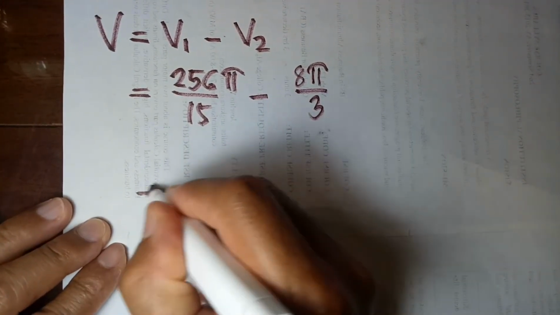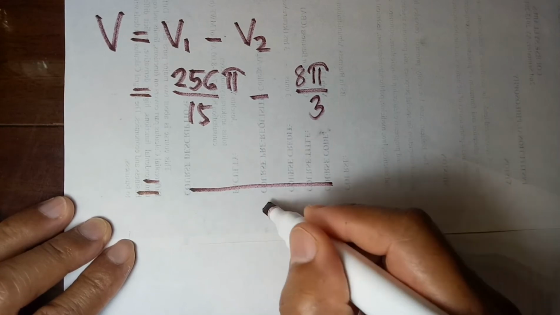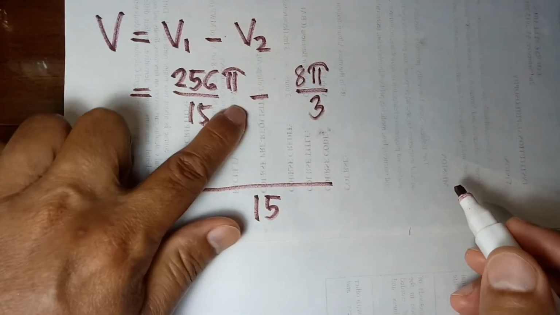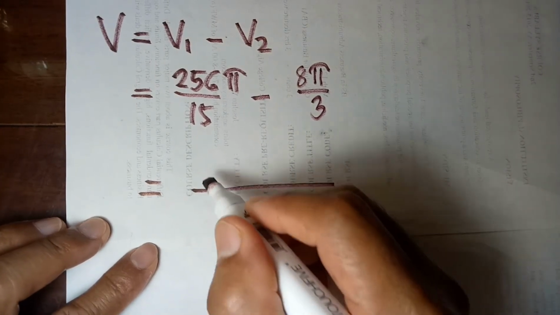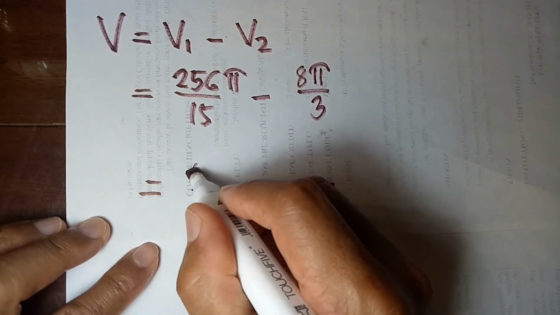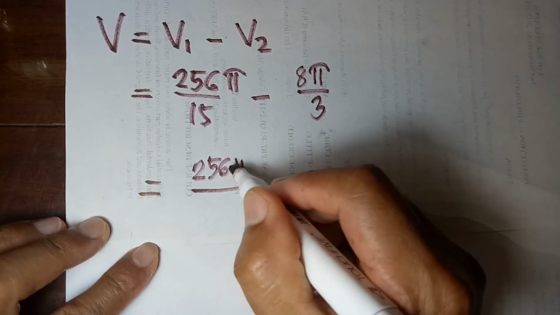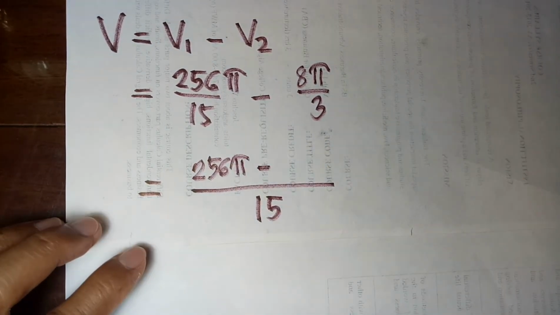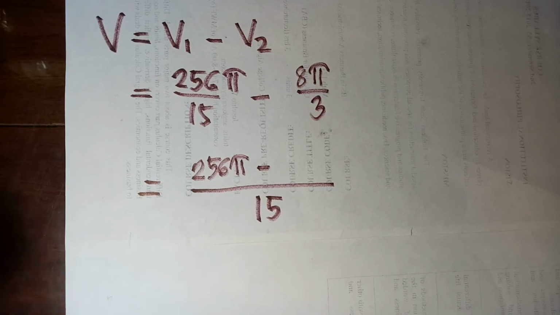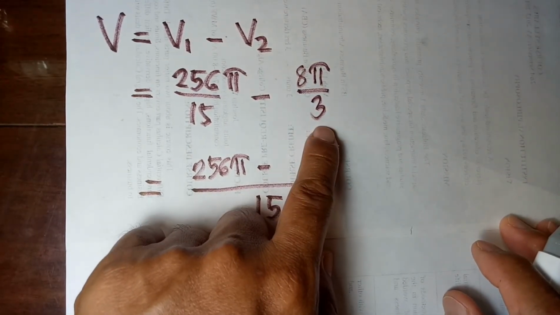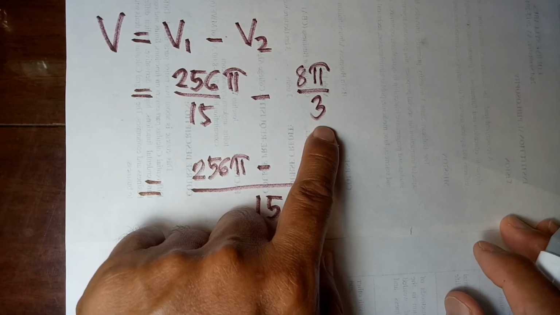So dito meron tayong LCD na 15. So I will have 15. Kuha tayo na LCD, ano? Sa 256 pi. 256 pi. And then minus. And then here, 15 divided by 3 ay 5.